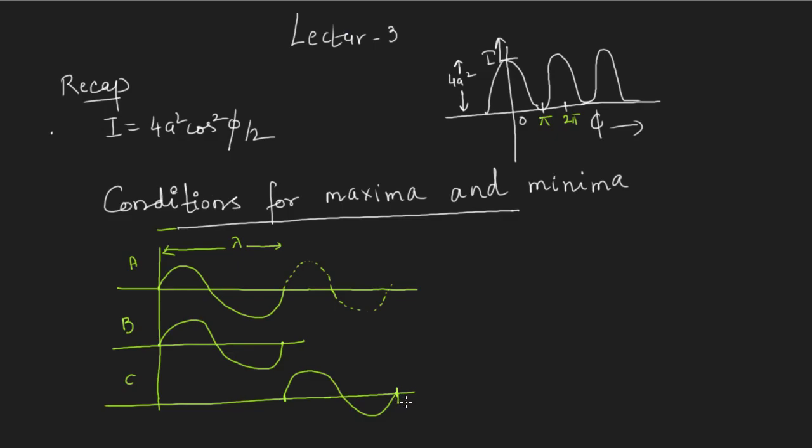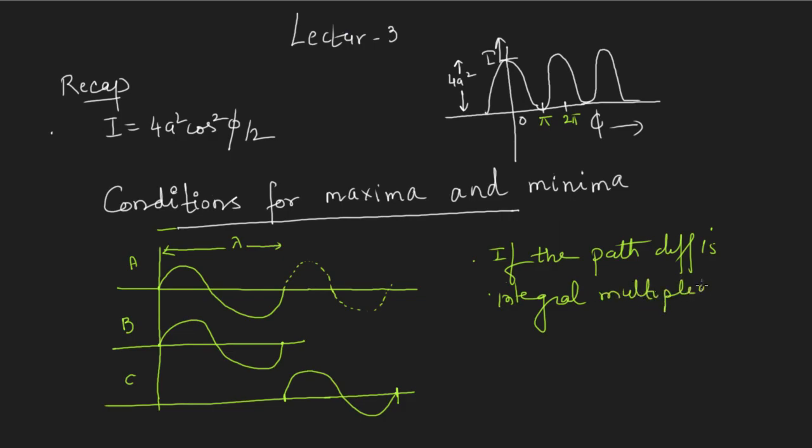Then both the waves will superimpose constructively. So what do we infer from here? That if the path difference is an integral multiple of lambda, I get constructive interference.